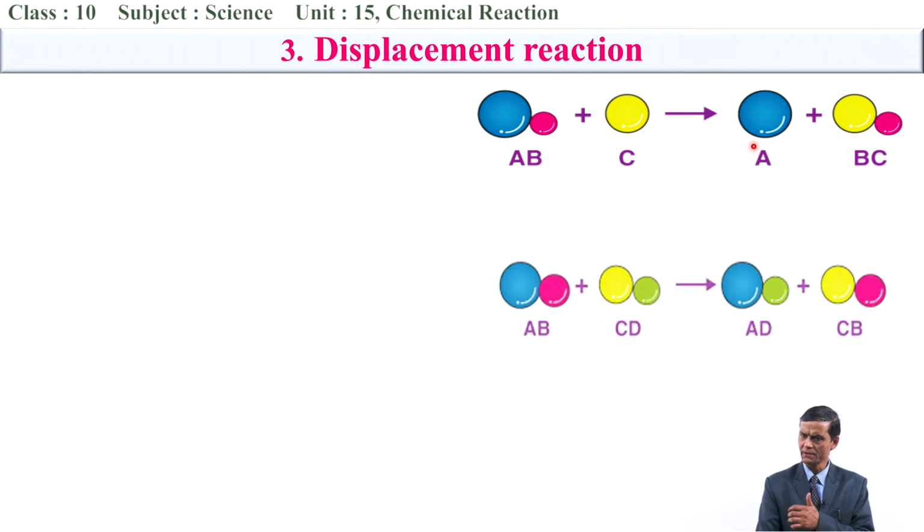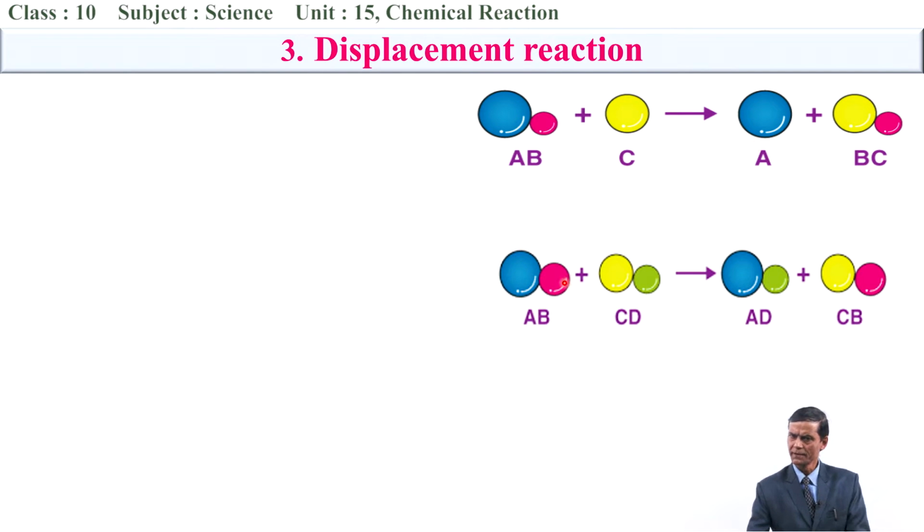And in some chemical reactions, look at here, AB and CD are the reactants. Here are two substances, two elements combined there. A and B are the two elements or two radicals. C and D are the two elements or radicals. So there is displacement, look at here.